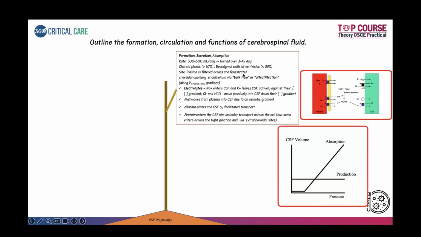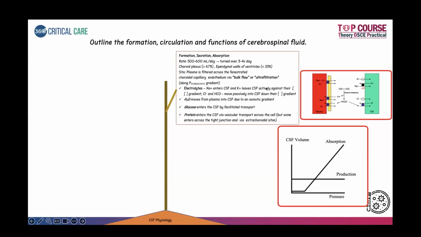Plasma is filtered across the fenestrated membrane of the choroid capillary endothelium via bulk flow or ultrafiltration. This is the mechanism of how the CSF is formed along the hydrostatic pressure gradient. So the formation of CSF is more or less due to the hydrostatic pressure changes, due to the gradient that is created.